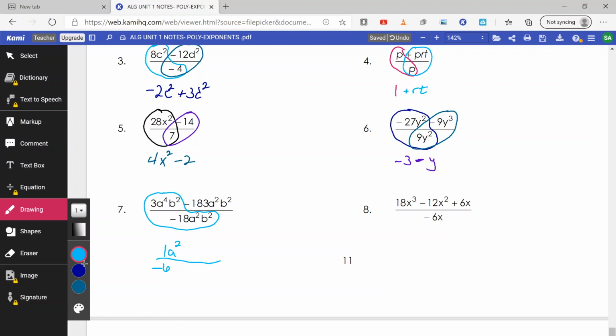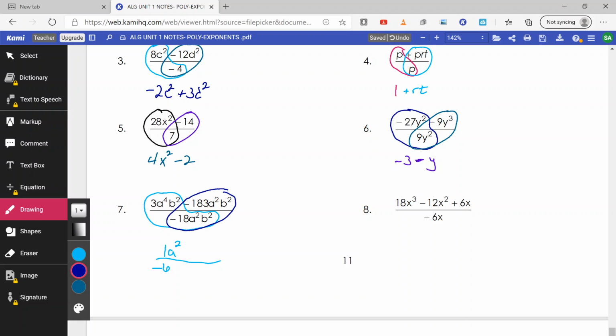And here we have negative 18, or rather 18, excuse me, 183a squared b squared divided by negative 18a squared b squared. And again, we can reduce this. Both of them are divisible by 3.